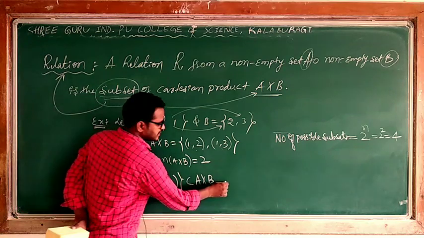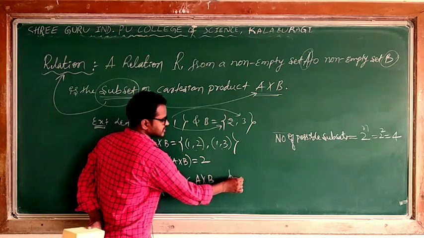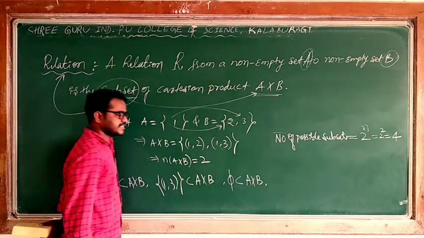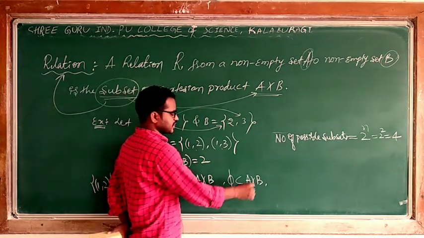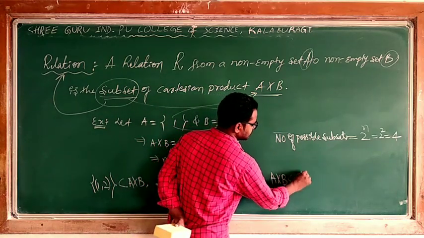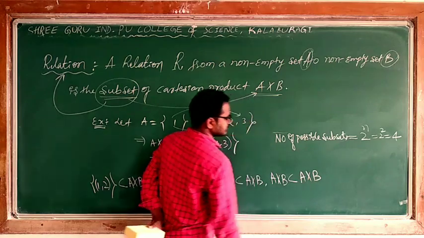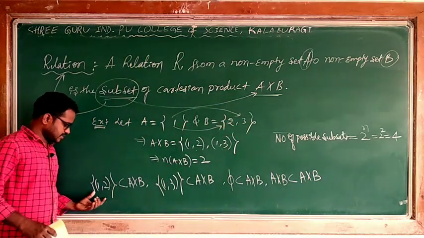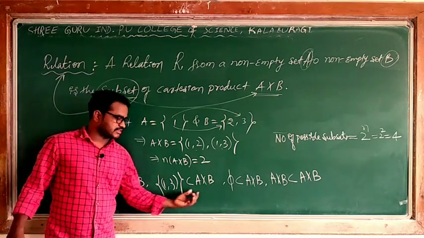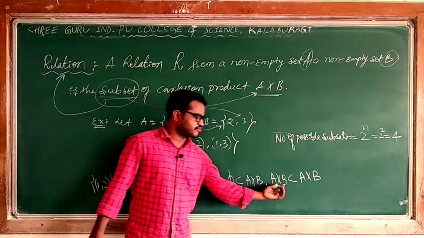Empty is always a subset of every set, so it is also a subset of A cross B. Definitely a set itself is a subset, so A cross B is a subset of A cross B itself. This is one subset, second subset, third subset, fourth subset.